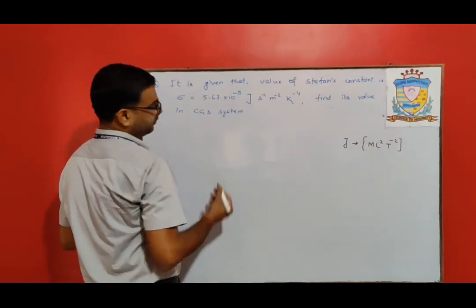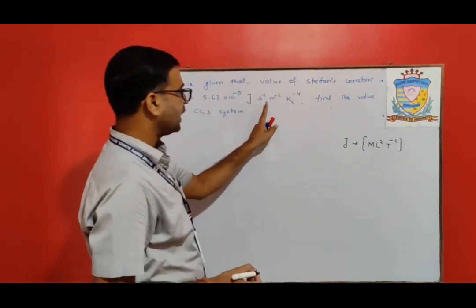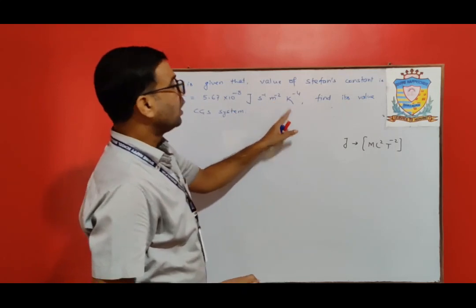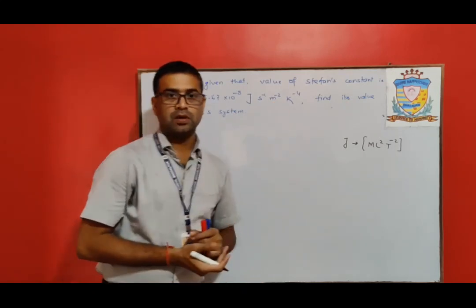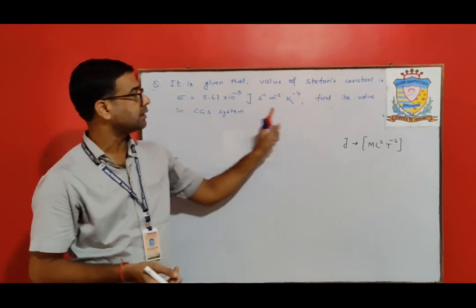Then per second, and this is the Kelvin. So the dimensional formula for Kelvin is K.